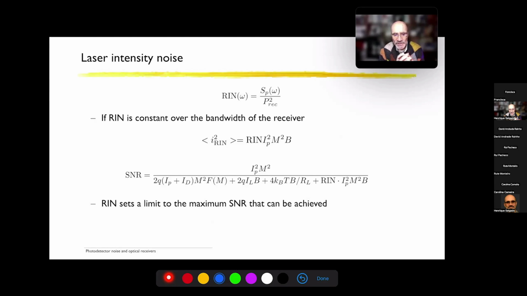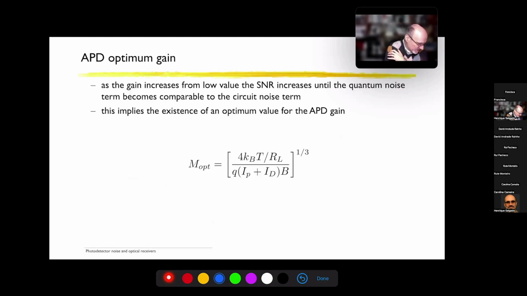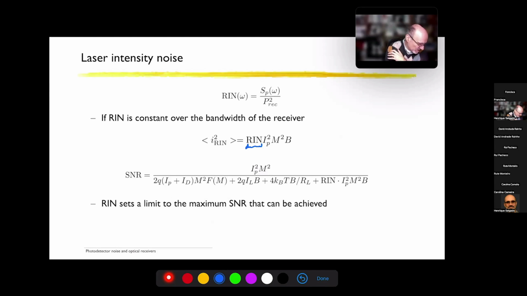Assuming that the relative intensity noise is constant, to obtain the total current noise associated with laser intensity noise, we have to multiply the RIN factor by the total signal power, which is the primary photocurrent squared times the gain squared times the bandwidth.